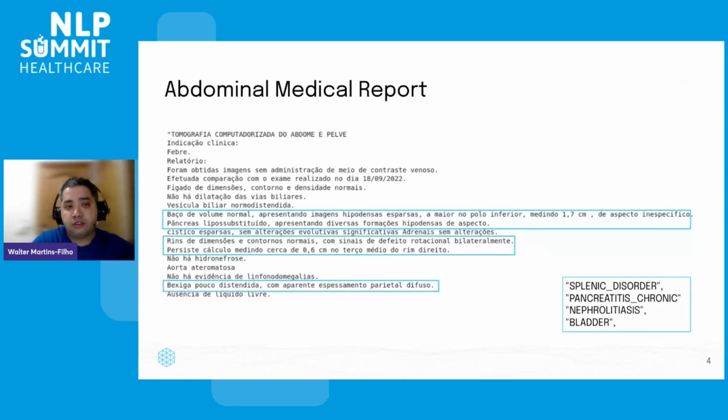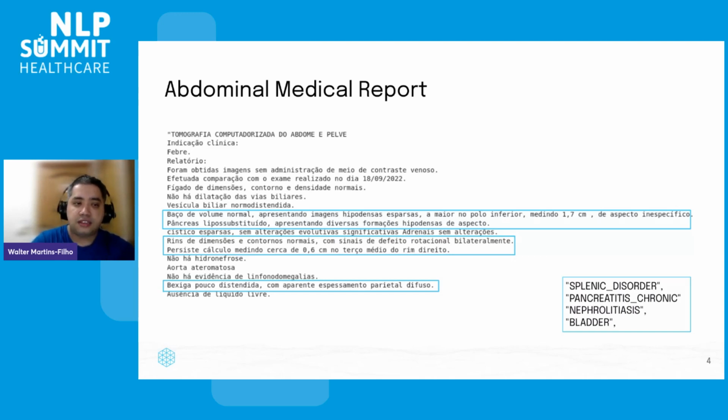So there is an abdominal medical report. The title is about the type of exam, so it's a tomography in the region of abdomen and pelvis, followed by the possible clinical hypothesis. So there is a fever, and maybe this fever is associated with some stomach disease.